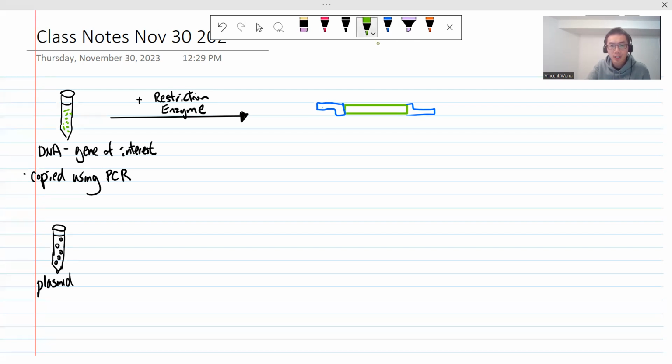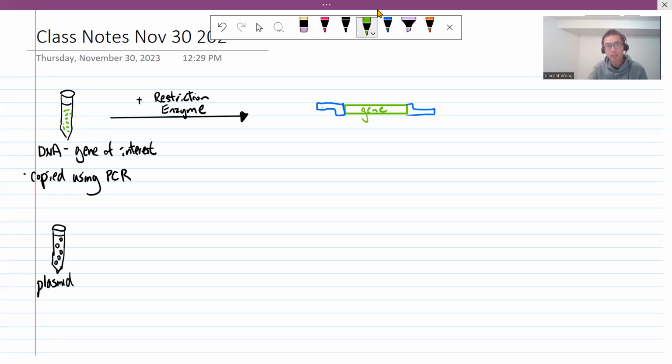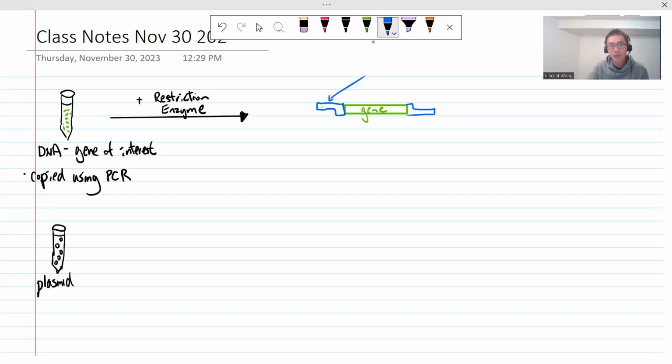So this is the insulin gene, and then these are the flanking sequences, which contain the recognition sites for the restriction enzyme, and we have created sticky ends.